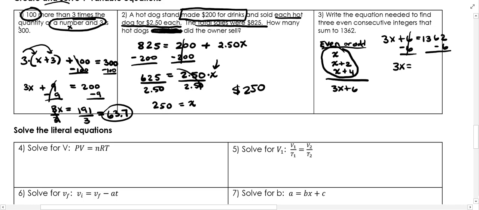Well, let me just double check. 1362 minus 6. 1356. And now we divide both sides by 3. X equals, and now x is only the first number, okay? So don't get all confused. 452, which means the other numbers are 454 and 456 because they're even, so they increase by 2.